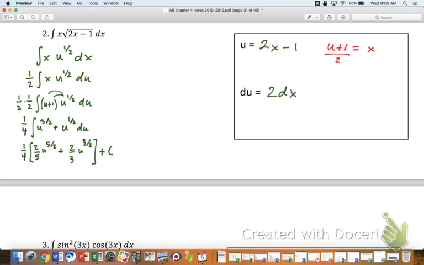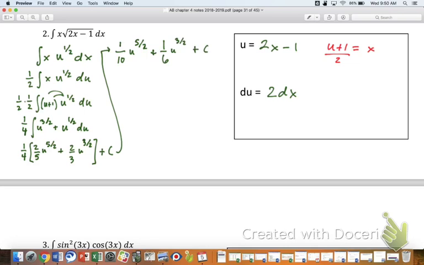I'm going to try to make mine as clean as possible. So I'm going to multiply the 1/4 throughout there. 1/4 times 2/5 would be 2/20. So I'm getting 1/10 u to the 5/2. And then 1/4 times 2/3 would be 2/12. So that would be 1/6 u to the 3/2 plus c.